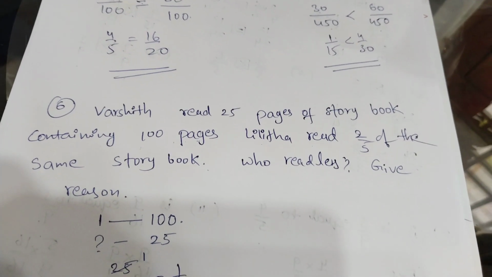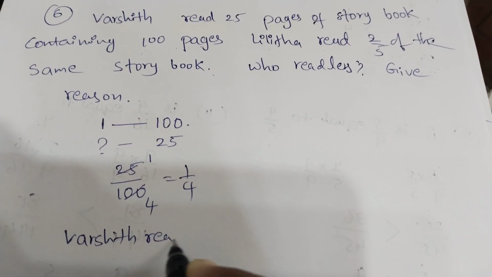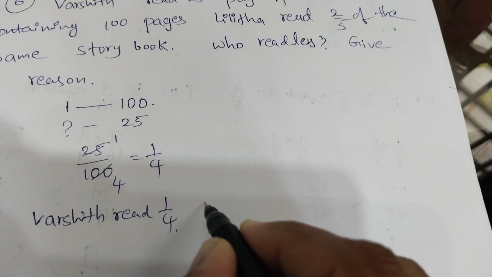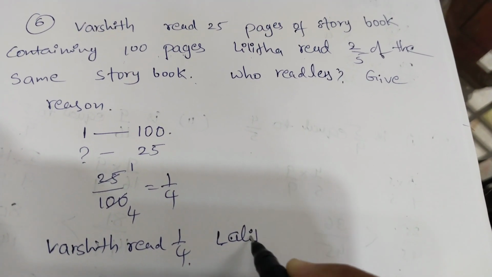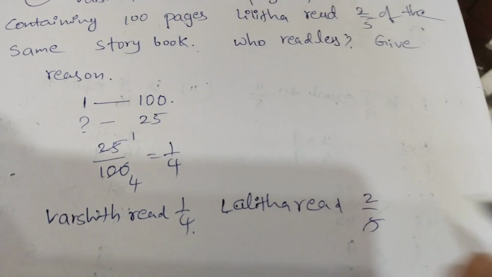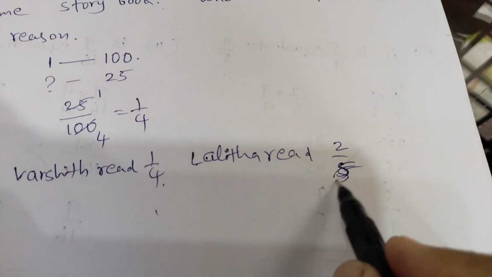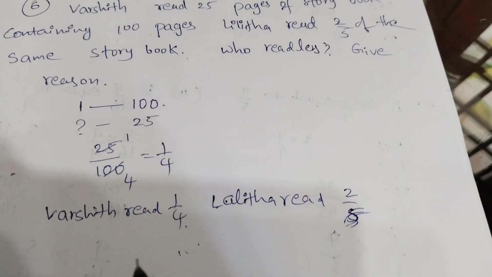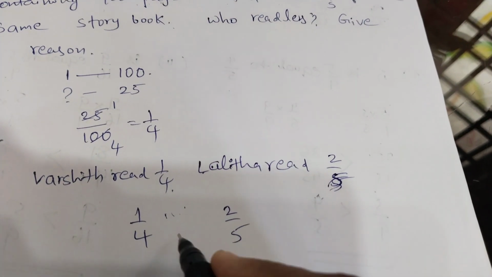Okay, Varshit read 1 by 4th of that given book, and Lalita read 2 by 5. If we compare these two fractions, we will find out who read fewer pages. Okay, so 1 by 4, 2 by 5.